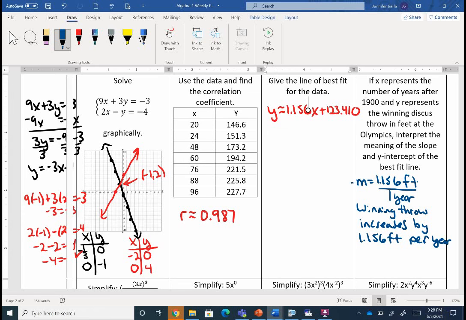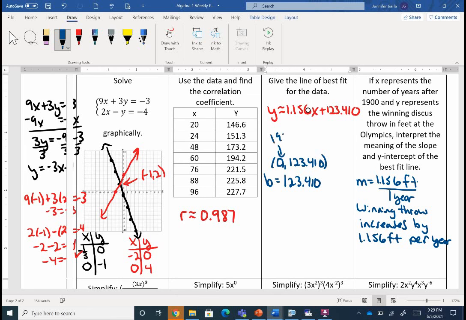Then the y-intercept, I'm going to go over to this box over here for the y-intercept, is 123.410. So the y-intercept, remember, x is 0. So x represents the number of years after 1900.